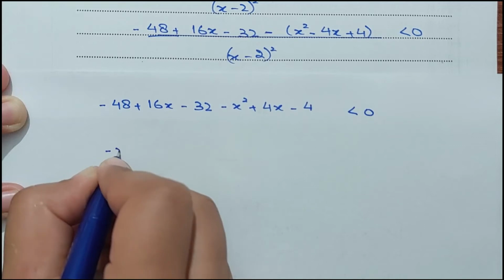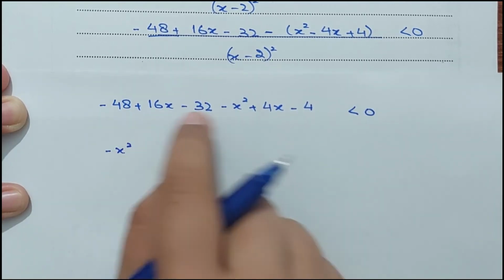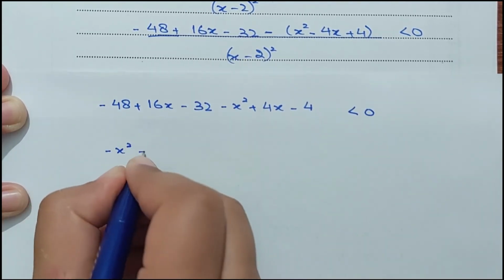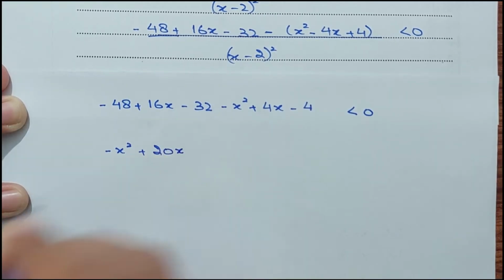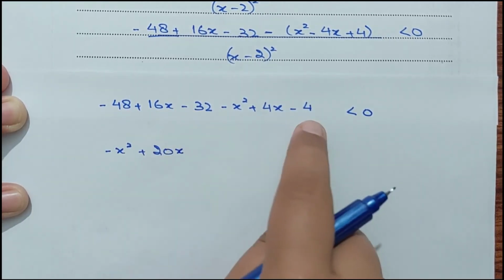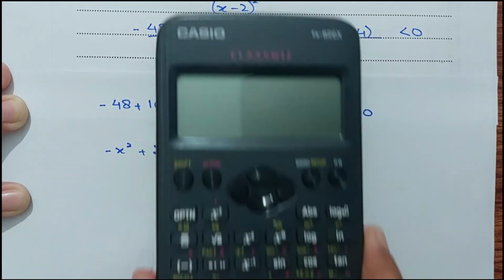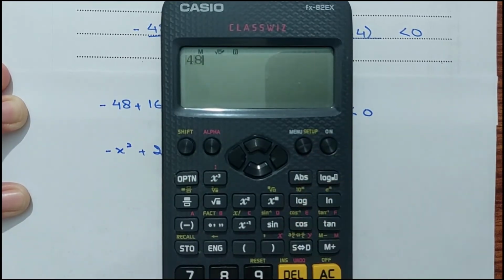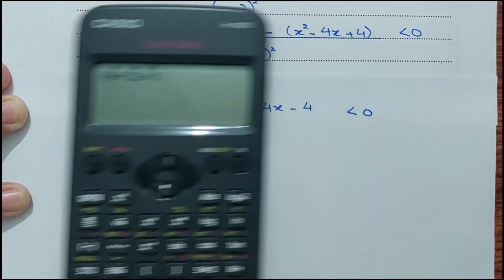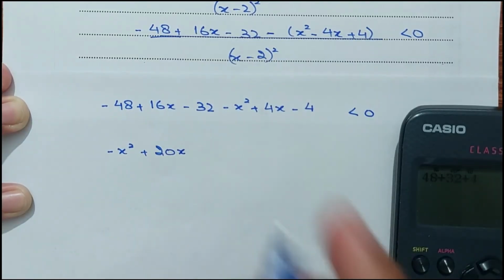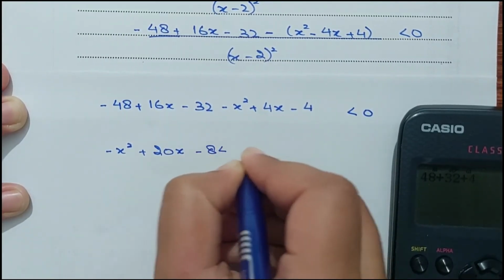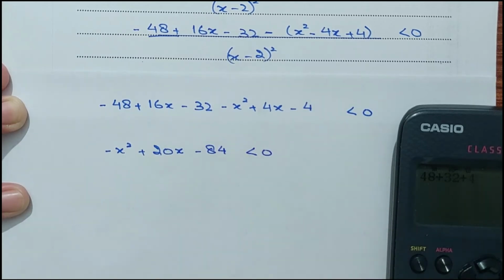So we have negative x squared, the x terms are 16 and 4, so that is 20x, and the constants are minus 48, minus 32 and minus 4. 48 plus 32 plus 4 is minus 84, that is less than 0.